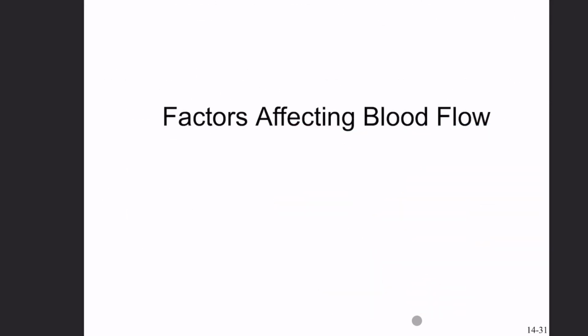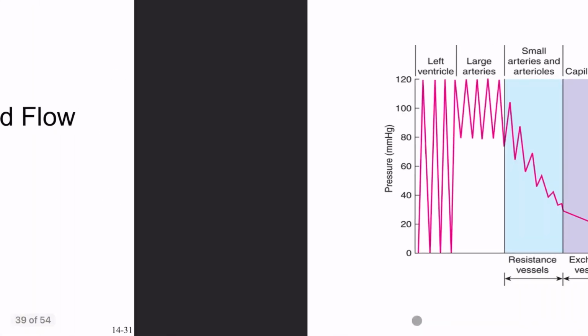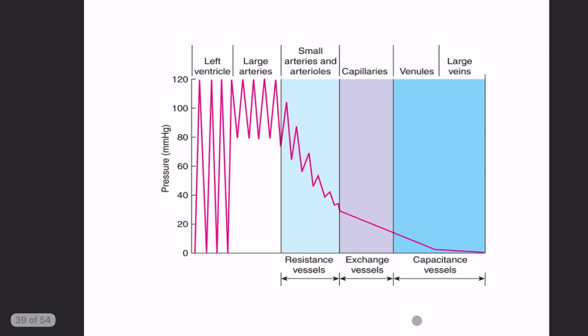Talk about factors affecting blood flow. This is showing pressure, and these are showing the different blood vessels, right? And closest to the heart, we have the left ventricle, part of the heart. Notice that the pressure is really high. It goes to low though when the ventricle is emptied.